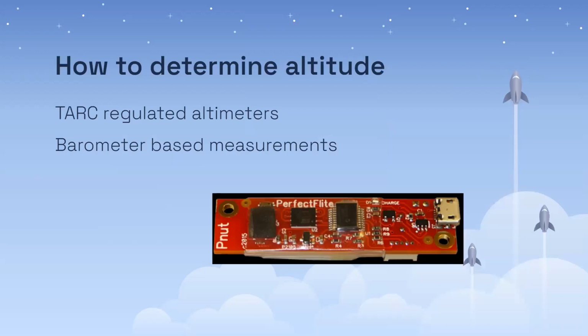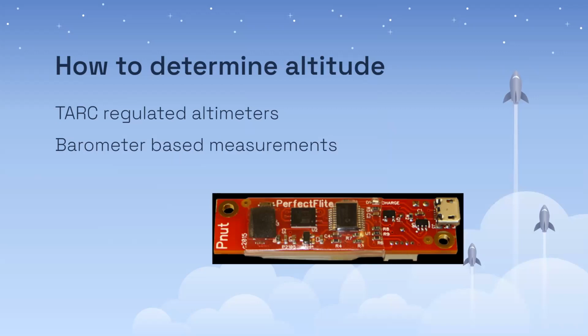So one of the most important things about competition rocketry, at least, is determining altitude in an accurate way. So the American Rocketry Challenge regulates which altimeters we can use. And all three of the models that we can use are barometrically based altimeters.